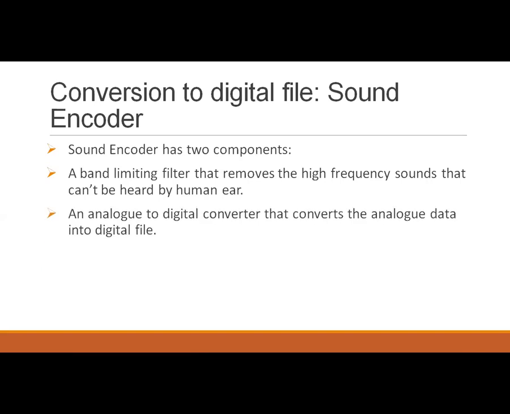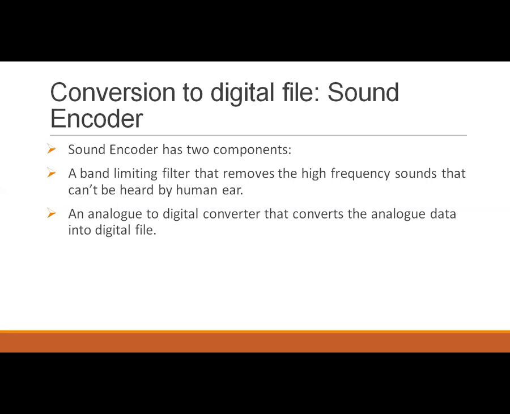So the band limiting filter limits the frequency from 20 to 20,000 hertz, which is the audible frequency range. Then you have an analog to digital converter, or an ADC, that converts the analog data into digital data.